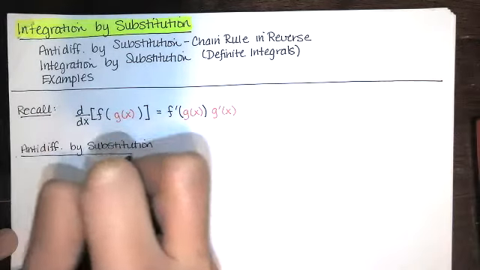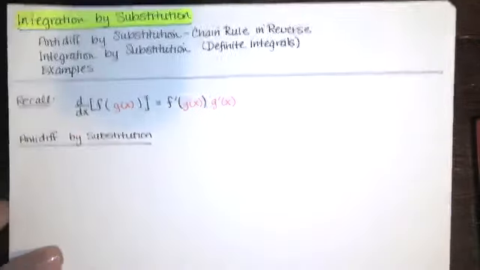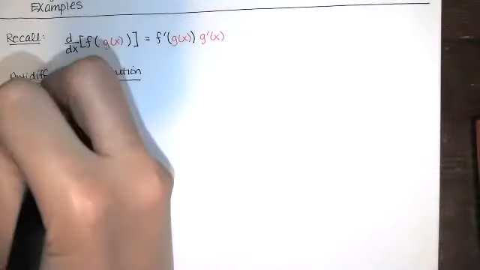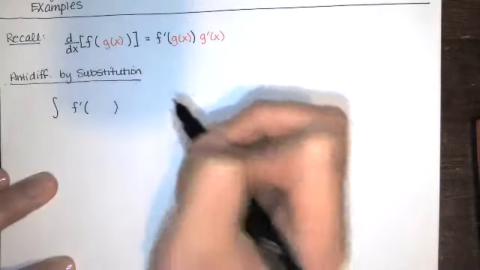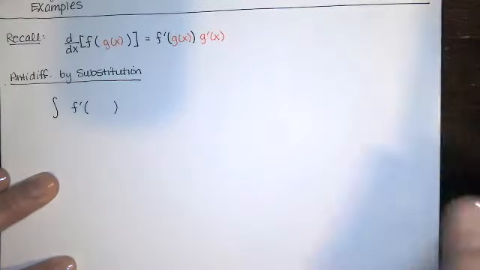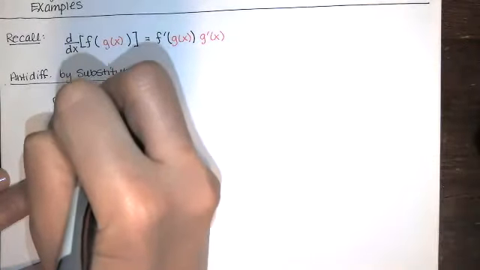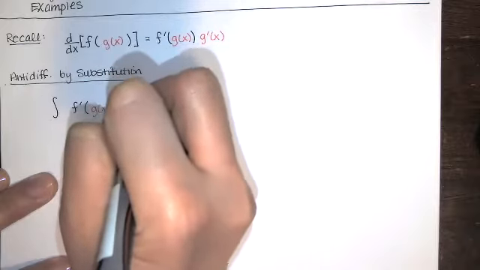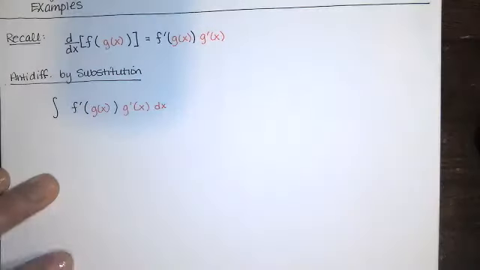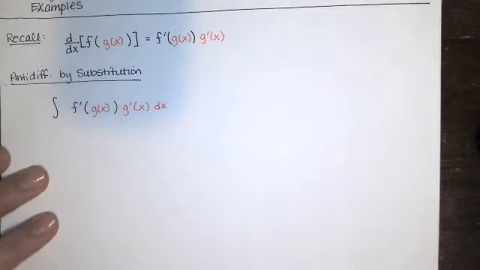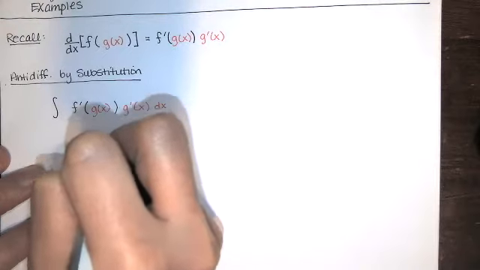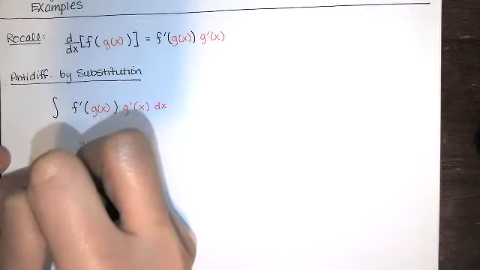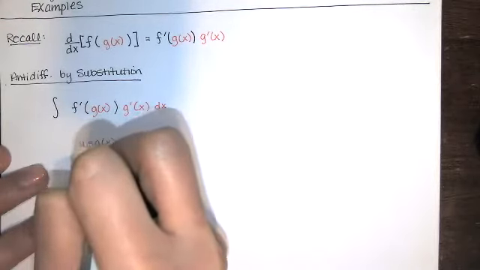But we didn't do it in abstract in the last video, so let's do it in abstract now. Let's say we've got the integral of f prime of g of x times g prime of x dx. And there might be some extra constants that we can always adjust, as we've seen. Well, if I let u be g of x, then the derivative of u is g prime of x.